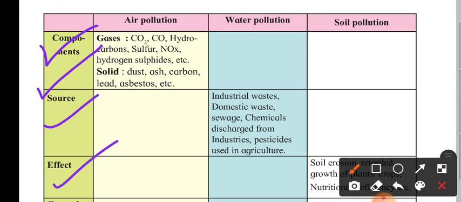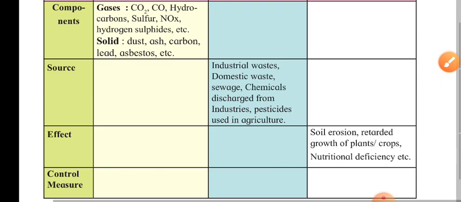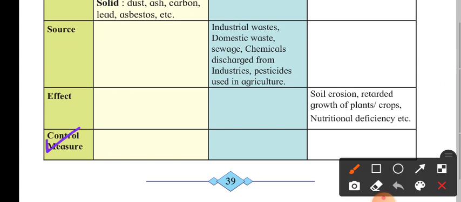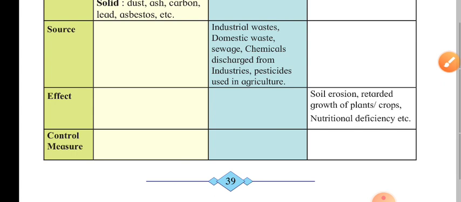Then after the effects, the control measures: what control can we have on these types of pollution, air, water, or soil pollution? Which kind of control measures can we take?